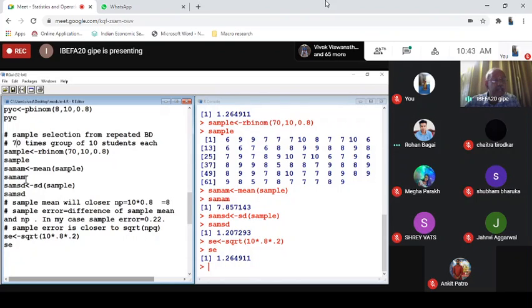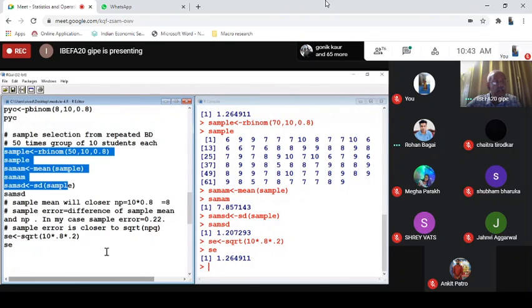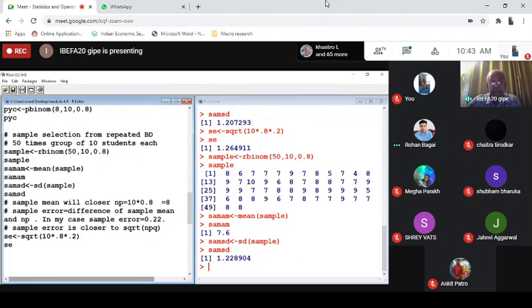Suppose, initially, what happened? I have selected 50. So what is my sample mean and so on? My sample mean will be 7.6, so the error will be 0.4.